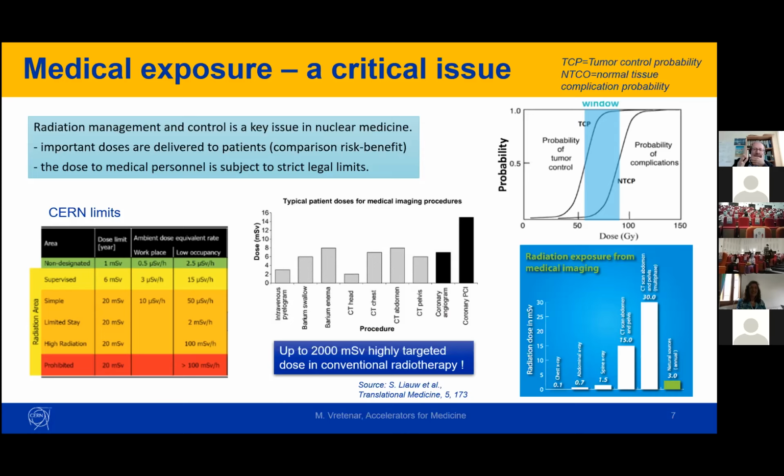If you give too low a dose, it is not effective. If you give too high a dose, there is a risk of damaging the patient. The window is very narrow, so this is why you want to control very precisely your beam and the dose that you're going to deliver.